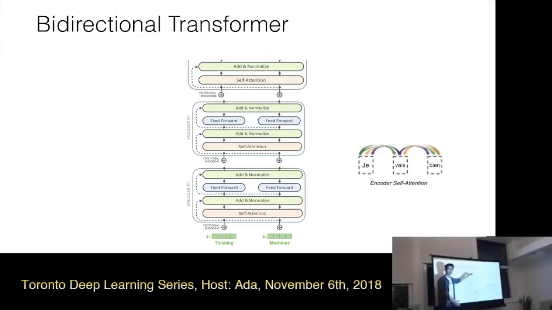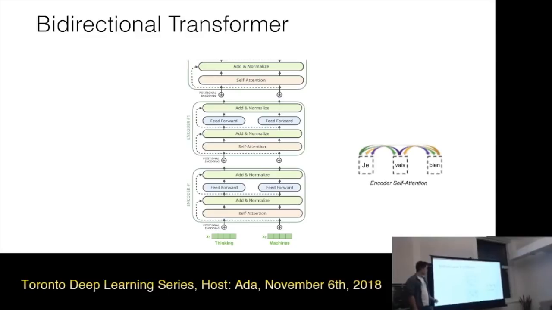So you just stack all these transformer encoder blocks. And that's BERT. So each word and token goes through this entire stack, and a representation is learned. So the idea behind BERT is incredibly simple.